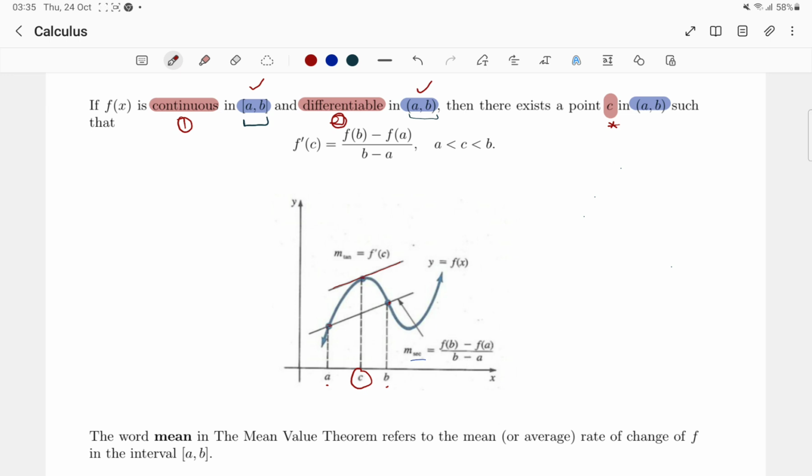So there is another case, when f of b is equal to 0, which is equal to f of a. In this case, where f of b and f of a are equal to 0, the theorem is called Rolle's theorem.